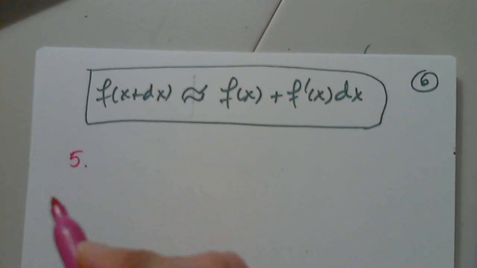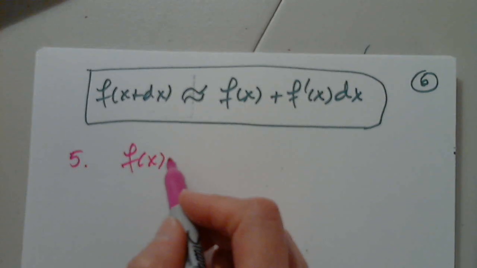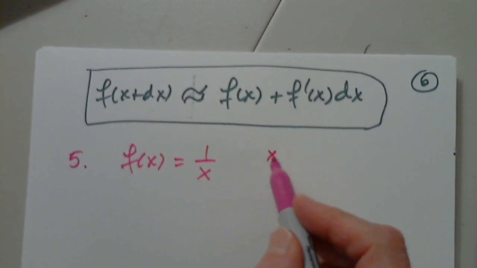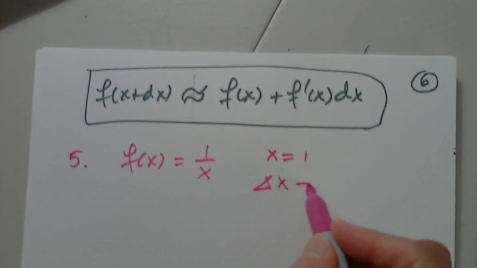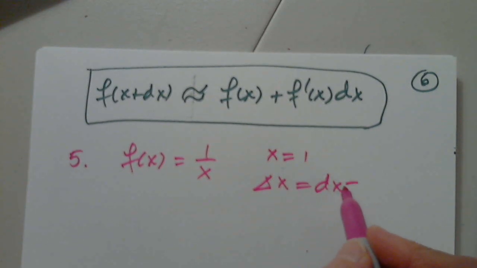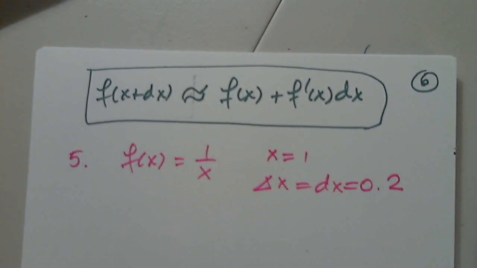I will choose 5. f of x equals 1 over x, x equals 1, delta x, which is always the dx, the same thing, 0.2. I hope I copied everything from one problem, because sometimes I copy from two.